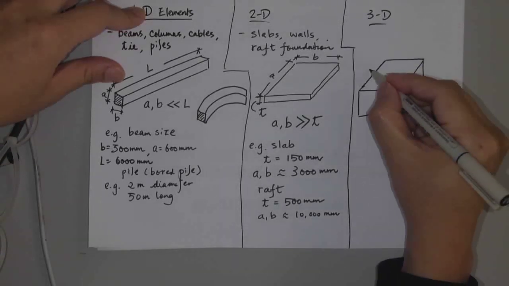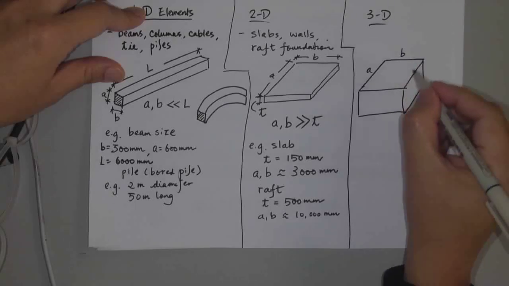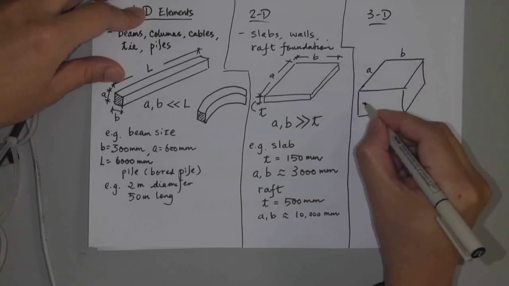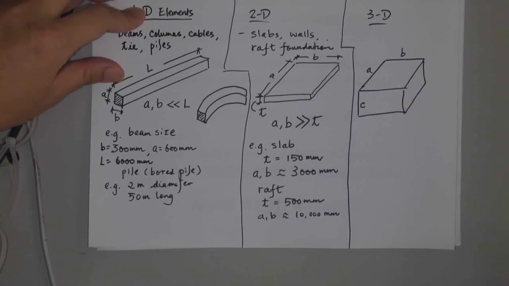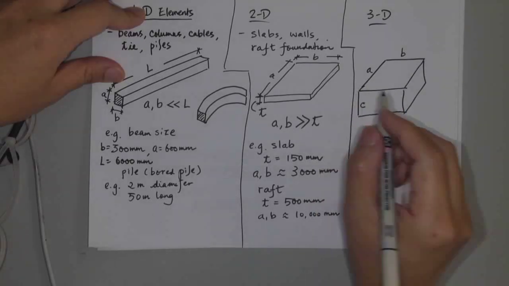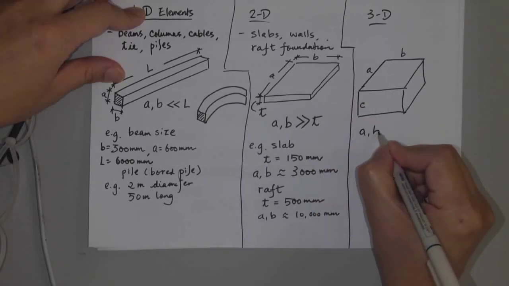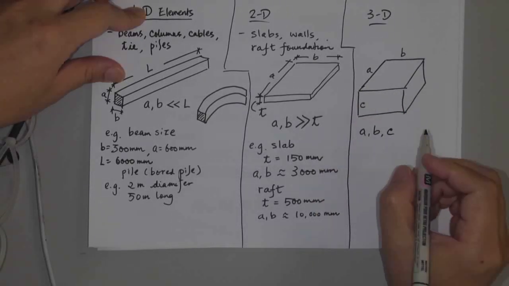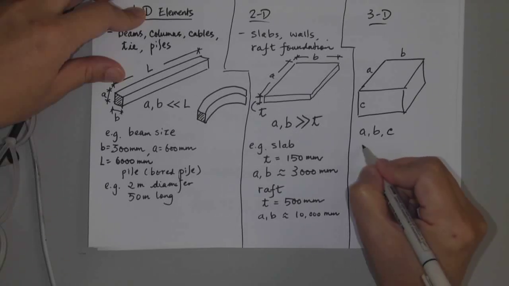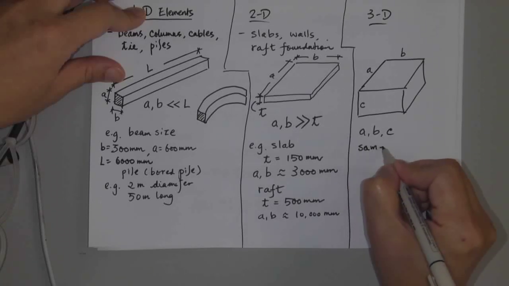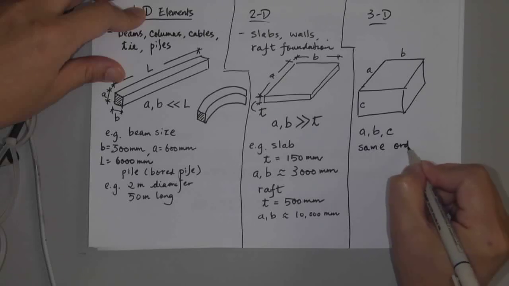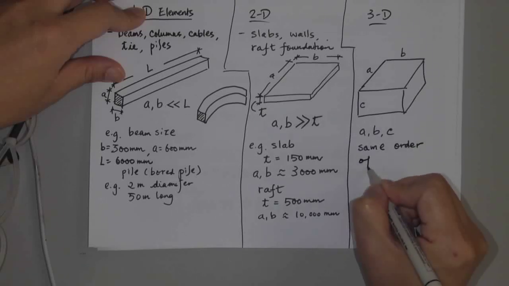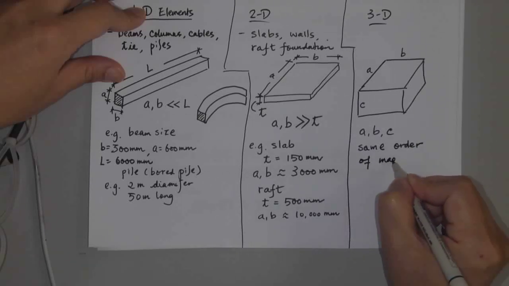So in this case, this is my A, this is my B, this is my little c, let's say. And we say, for this case, A, B, and C are of the same order of magnitude.